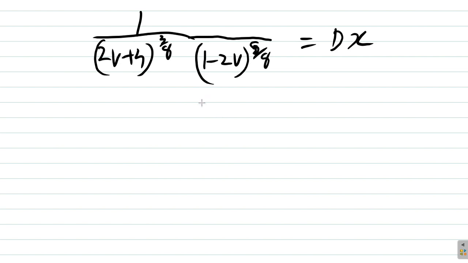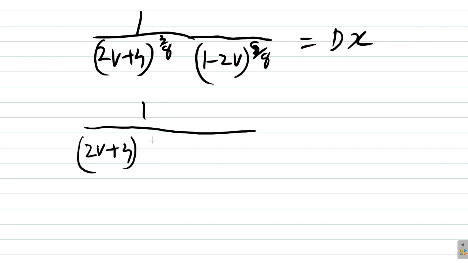Suppose you raise everything to the power of 8. Suppose you play around and do that. 1 to the power of 8 is just 1 over (2v + 3) to the power of 3/8.